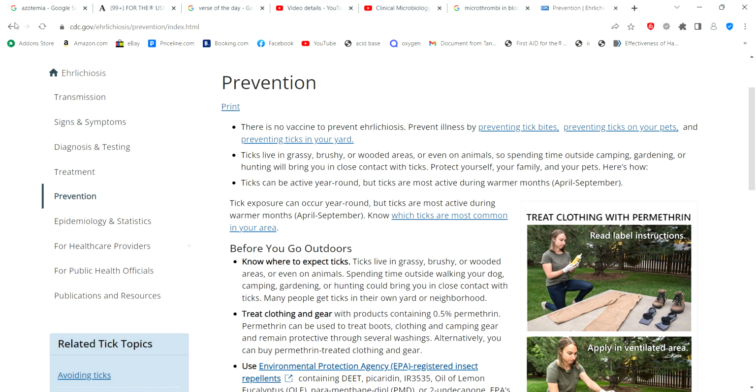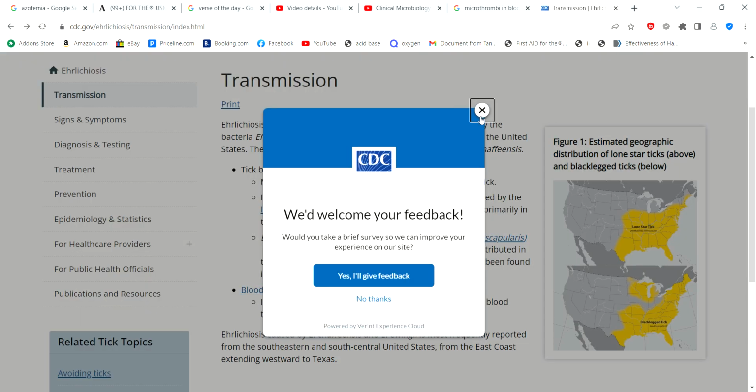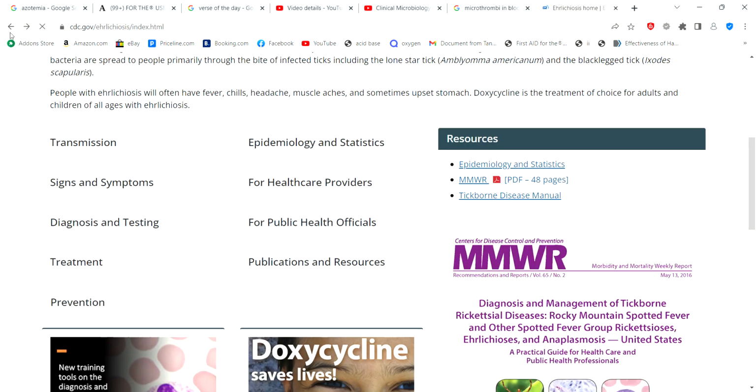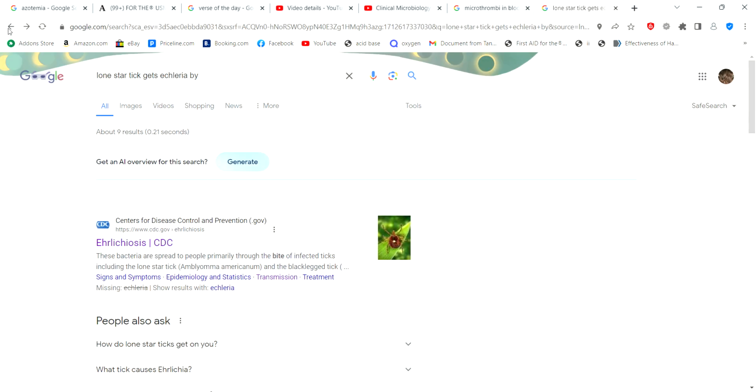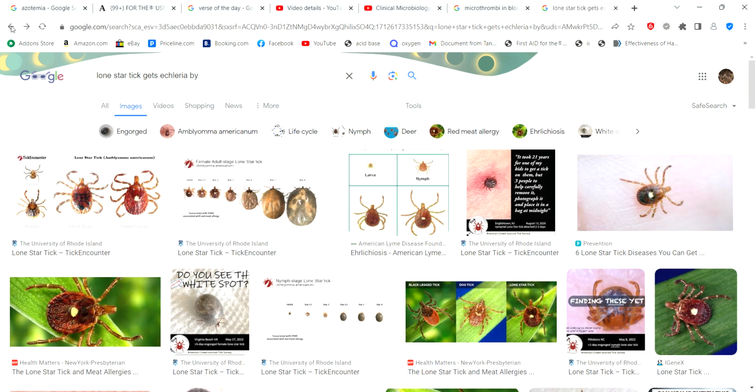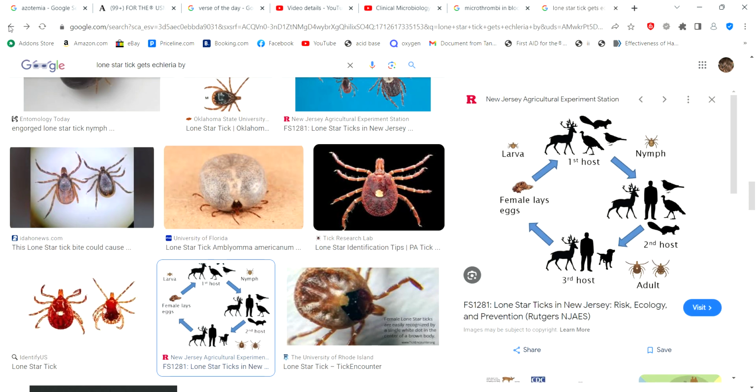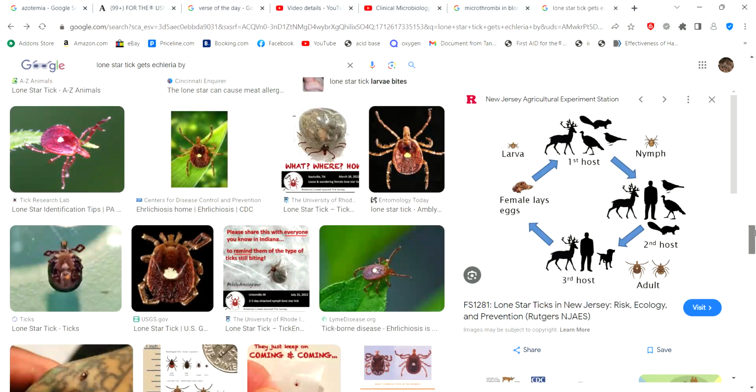Okay, so these ticks, I'm going to assume they just have the bacteria in their body. They transmit them by moving from host to host, and finally they'll bite a human. That's why we get these diseases. That's why we get ehrlichiosis.